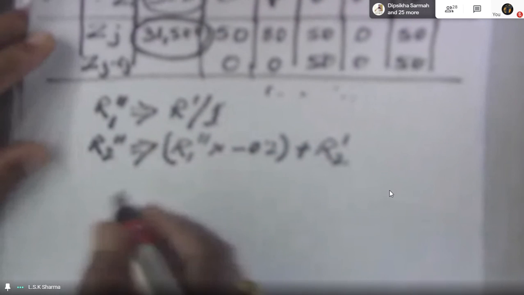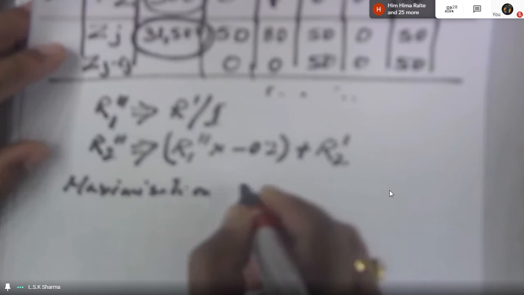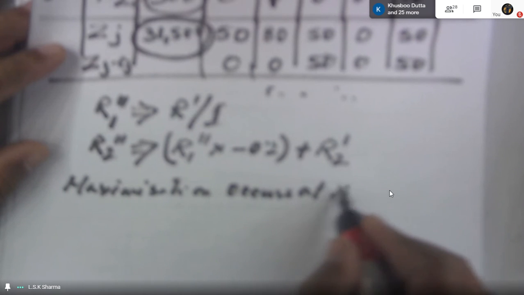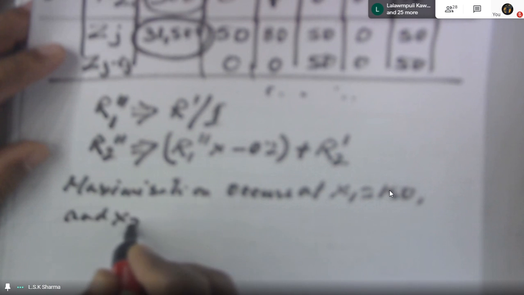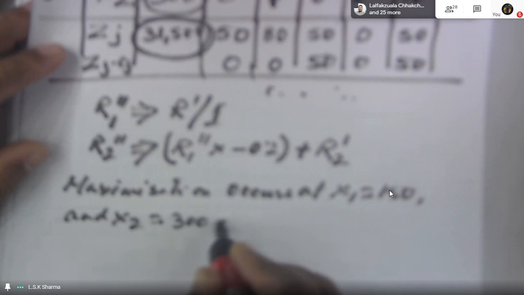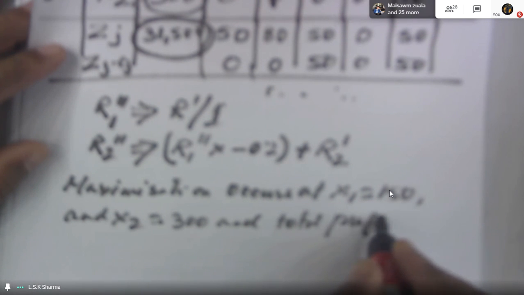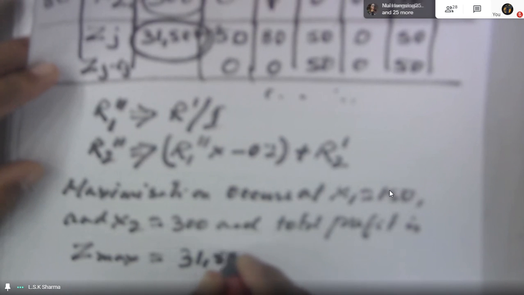produces 300 units. Okay. So you write down the answer that maximization occurs at x1 is equal to 150 and x2 is equal to 300, and the total profit is Z max, which is equal to 31,500.